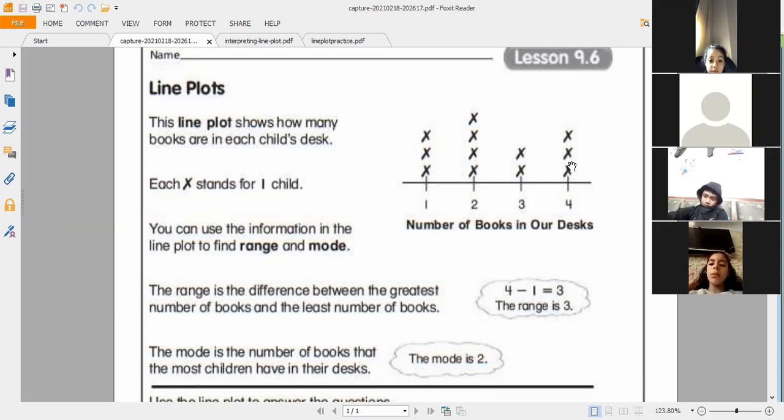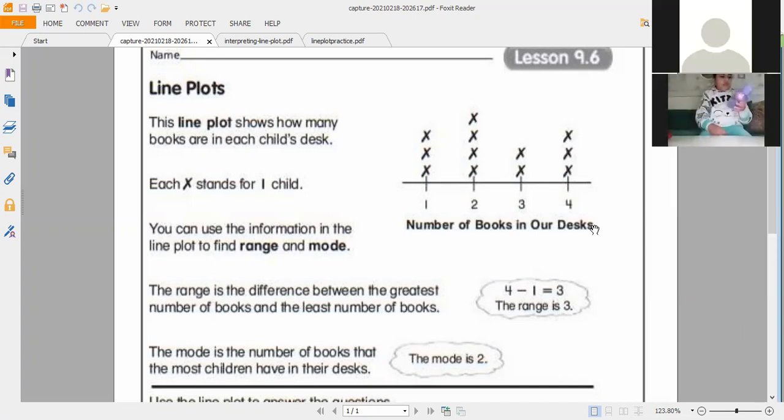Okay, Lena, how many children have 2 books? 4. 2 books from here. 1, 2, 3, 4. Thank you, Lena. You're welcome. Now Karim, do you know how many children have 3 books?